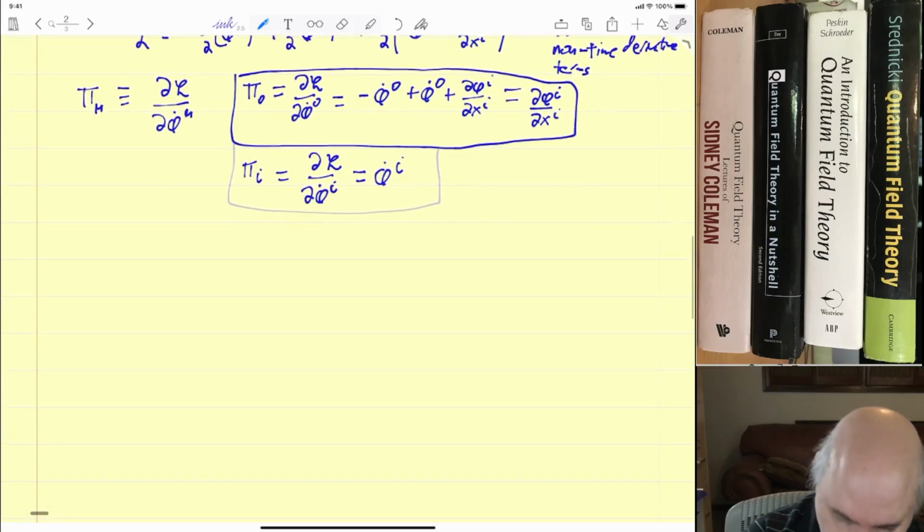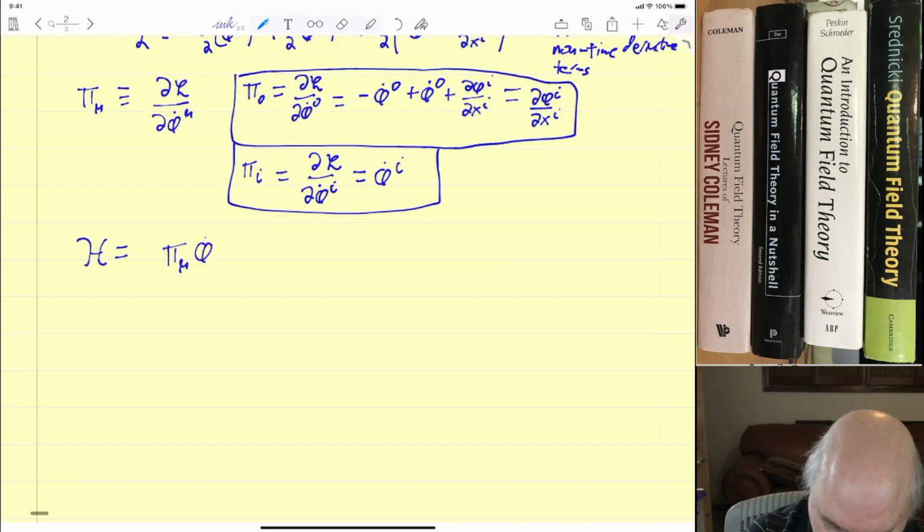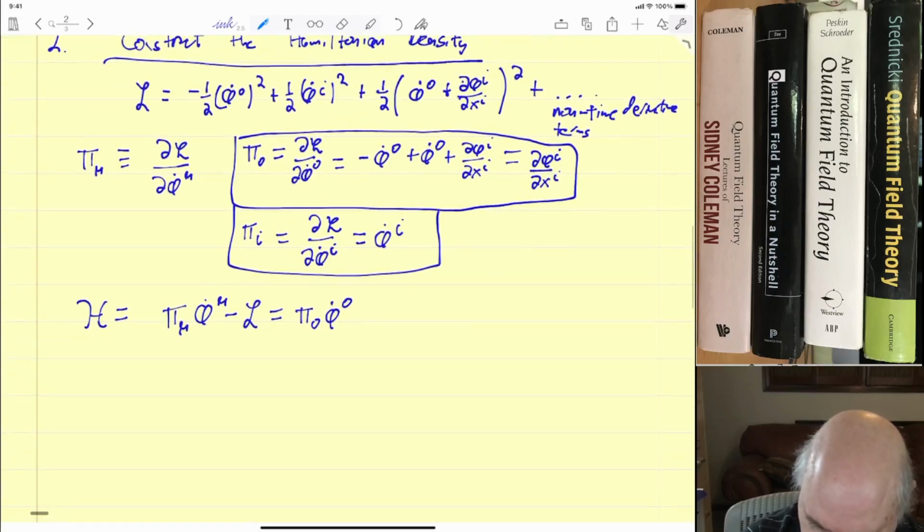Okay, so now by definition, our formalism says that the Hamiltonian density is equal to pi mu phi dot mu minus L. So this is equal to pi 0 phi dot 0. Okay, let me keep L in sight over here. Pi 0 phi dot 0.